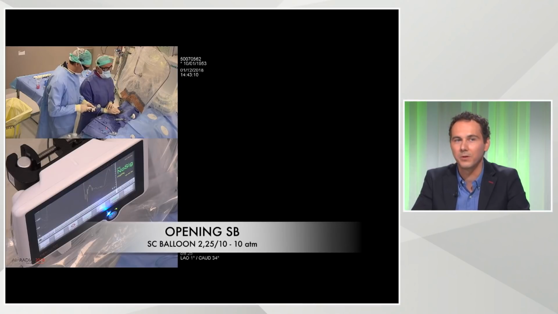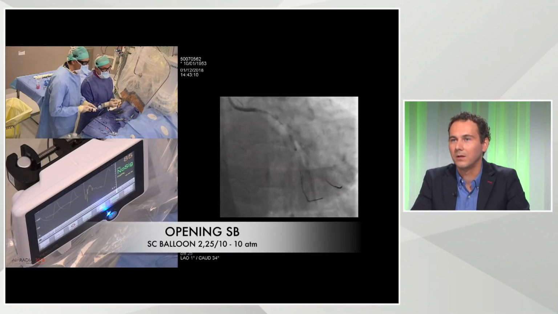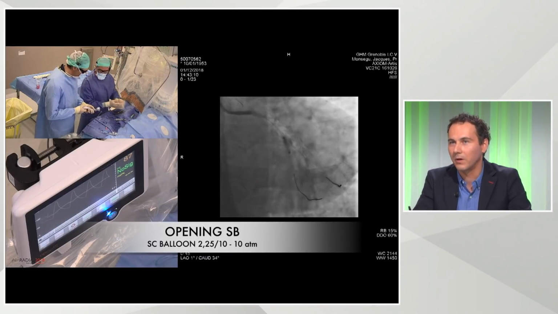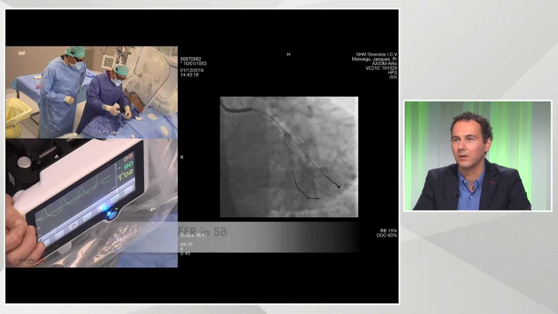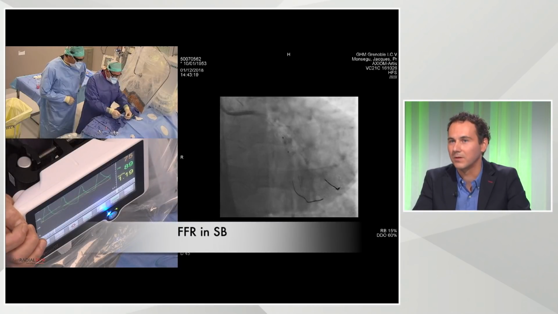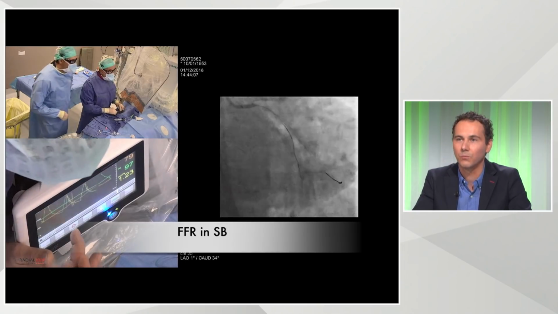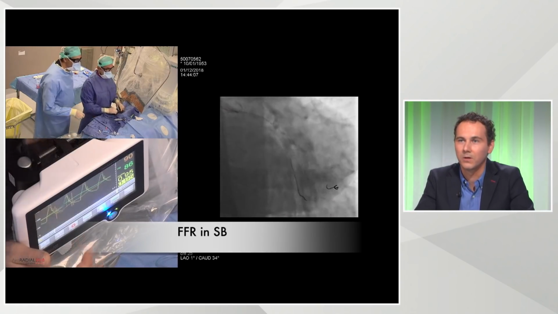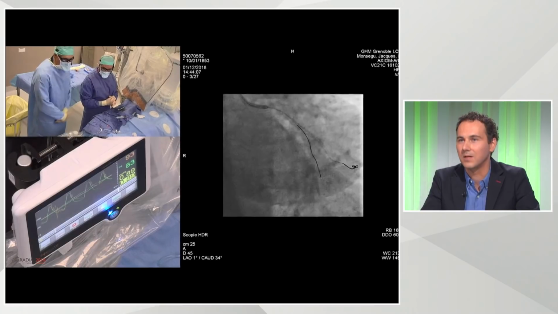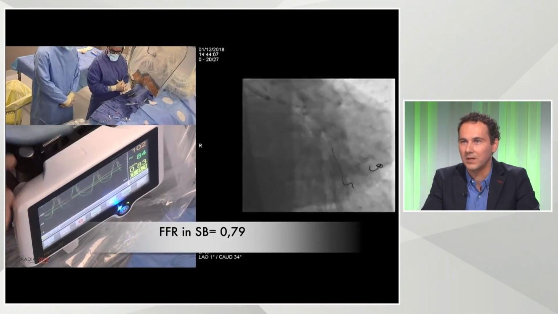So I'm showing you what we did with Jacques Monségu, my partner. We decided to open this side branch, and we used the same wire, as I said. So the OptoWire, we pull it back in the main vessel. We assess the FFR, which was negative at 0.91, and then we place it in the side branch, as you can appreciate here very easily.